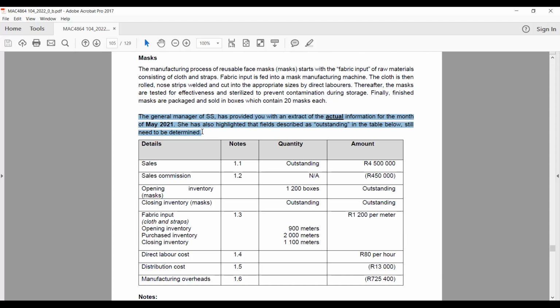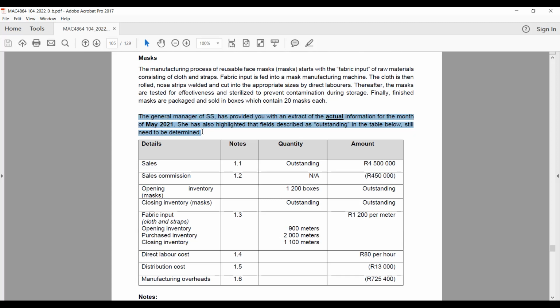Is it 6 months or something of that nature? So always take note of that. How is information given, actual or budget? The period, which is 1 month, 1 year, 1 quarter, or whatever it is, and then the date. So we know this is actual information for the month of May 2021.